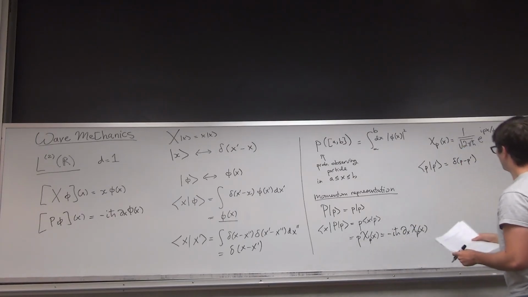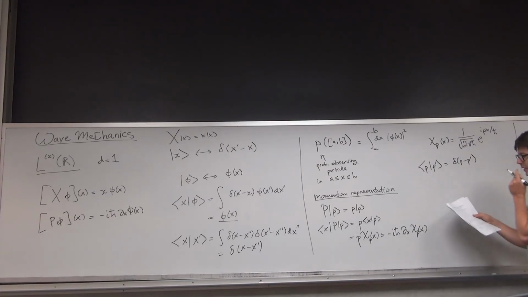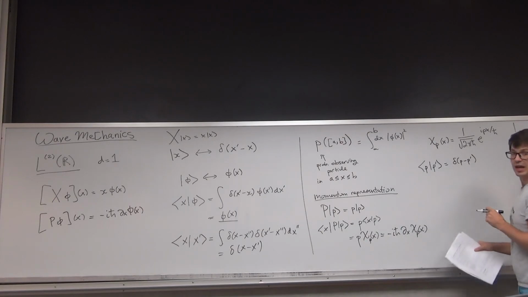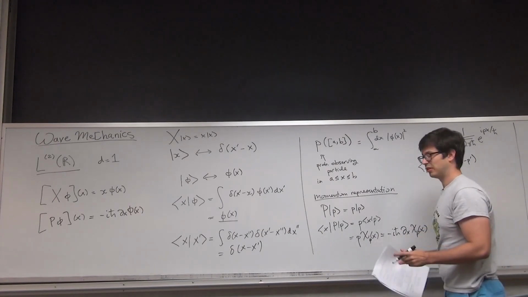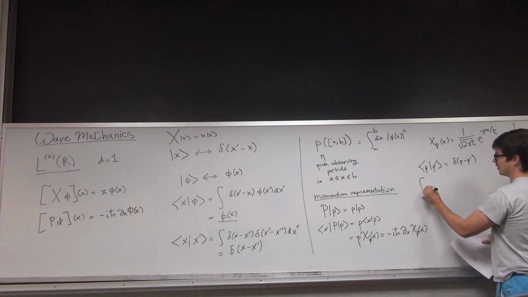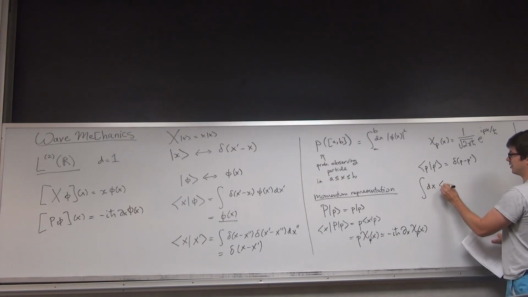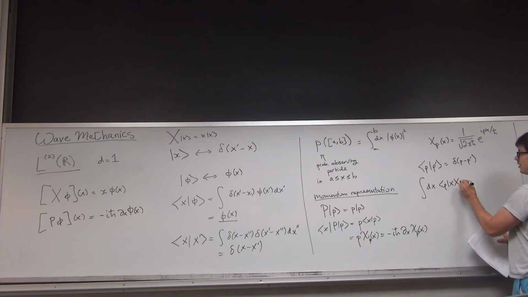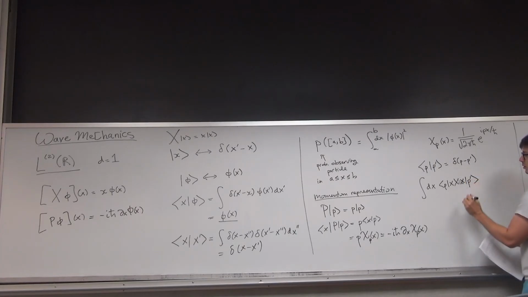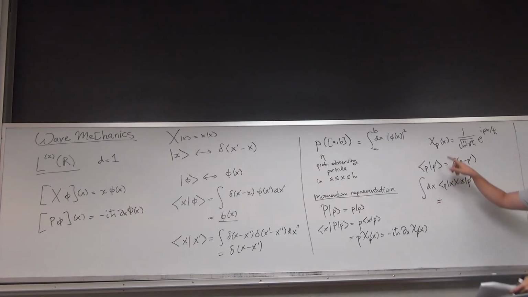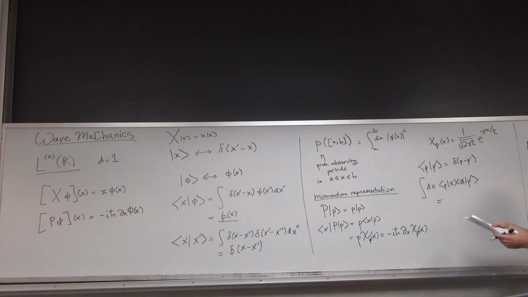So what is that? By the way, now you can do this kind of thing by inserting a completeness relation. We can integrate over some dx, like this. And now we can stick in these guys in here, and what do we get?